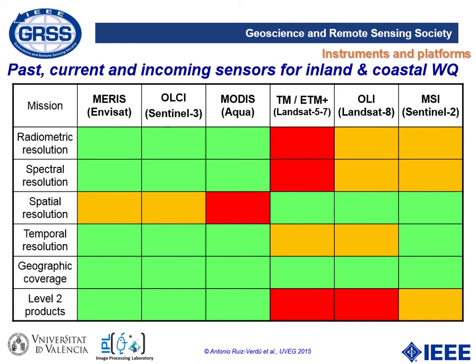But those three sensors, which are very good for studying ocean waters, are quite limited due to their spatial resolution of 300 meters in this case, or 1 kilometer in this case, so they are only useful for very big lakes or medium to big lakes. This limitation has driven many researchers to use images from land sensors, or from missions that are designed for land studies, which are not as good in terms of radiometric or spectral resolution, especially the old series of Landsat.